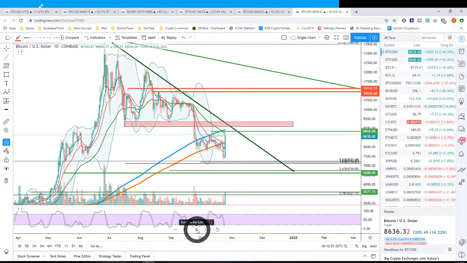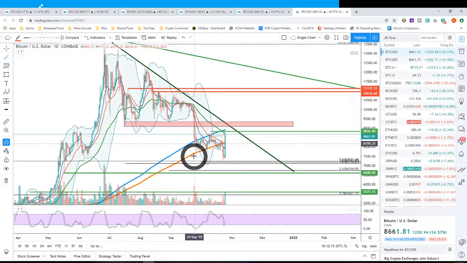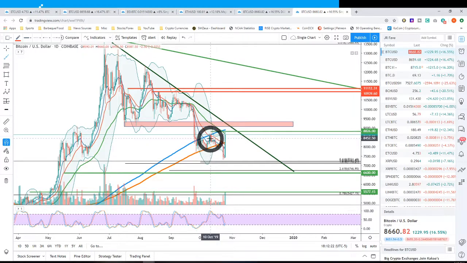So you had right here where price is, right? See where the indicator's at? All right, you got lower price, lower indicator. Up here, you had higher price, higher indicator.